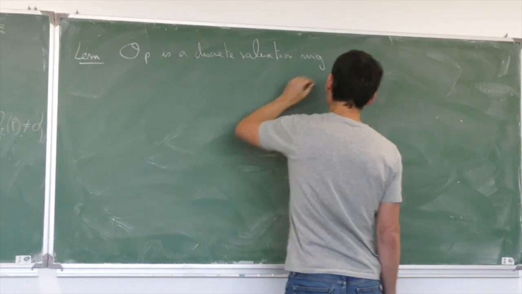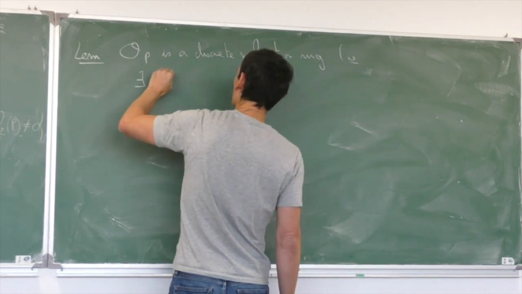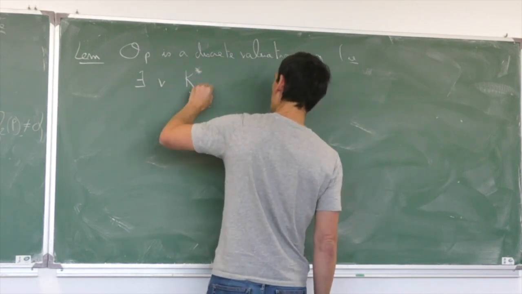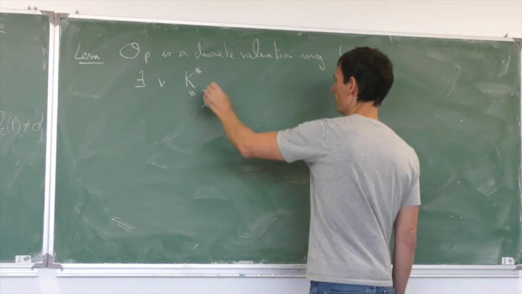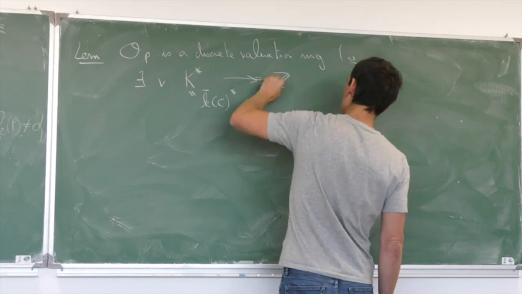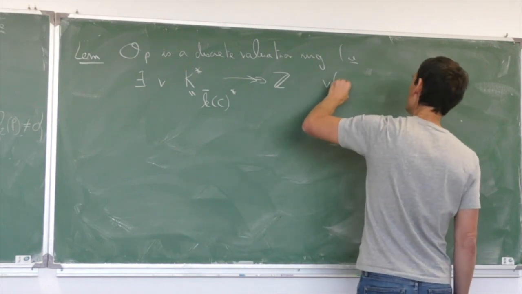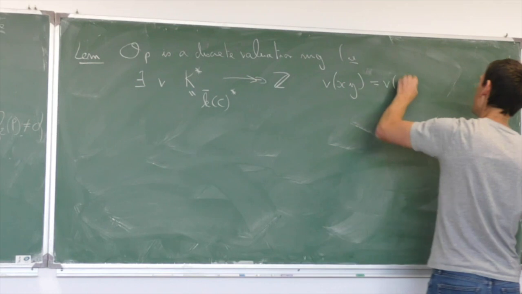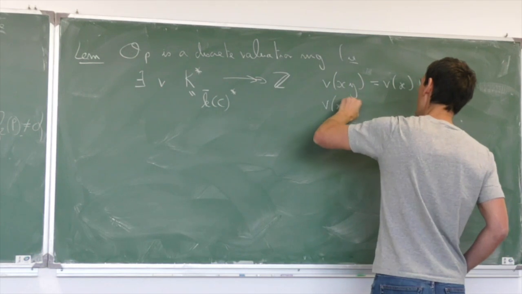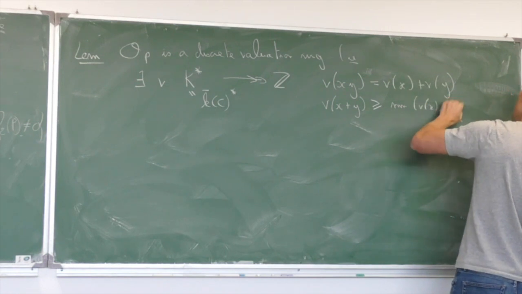So what does it mean? It means that there exists a valuation, V, which goes from K, where K is K bar of C star, so without the 0, which surjects onto Z, and which has the property that V of xy is V of x plus V of y, and V of x plus y is greater than or equal to the minimum of V of x and V of y.